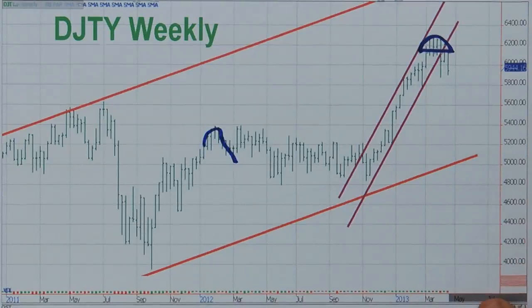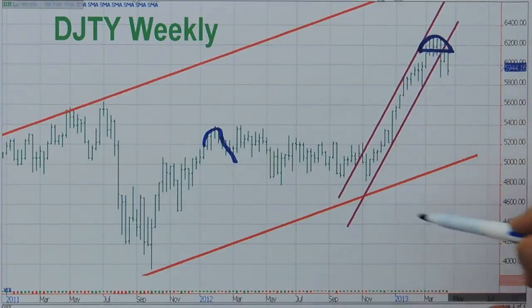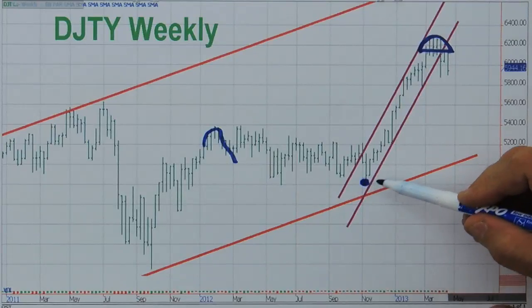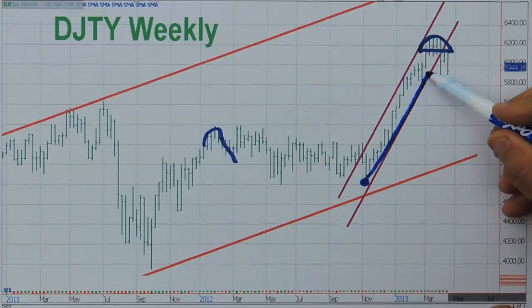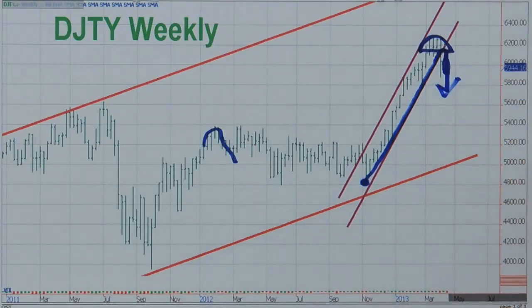I'm not looking for a major drop, but this is starting to give us a little rounded top look. And we've fallen out of a long-term holding channel. It's been holding since September: September, October, November, December, January, February, March, April, and boom, now we start to fall out of that channel.